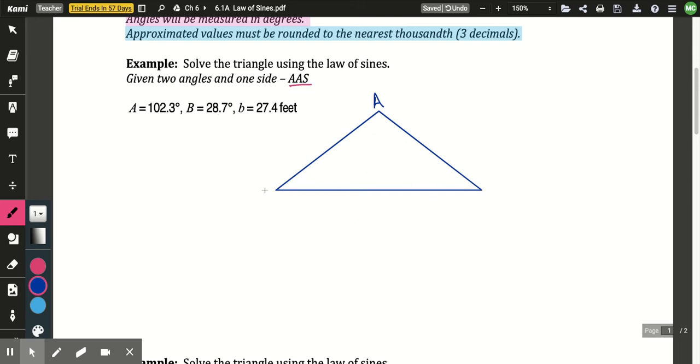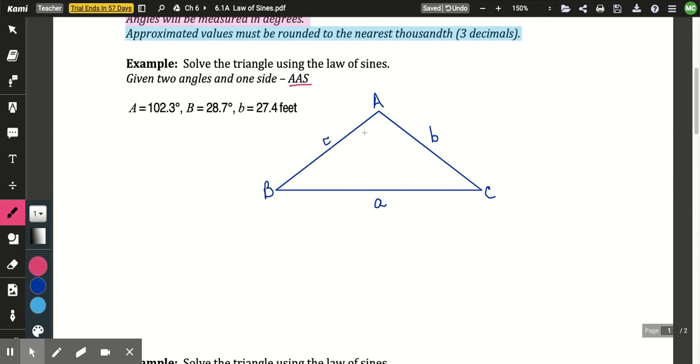So maybe this one over here would be B, and this one will be C then. They did not tell me what C is, so that's going to be one of the ones that I have to find. The side of the triangle that's across from angle A is going to be little a. The side across from angle B is little b, and across from angle C is little c.